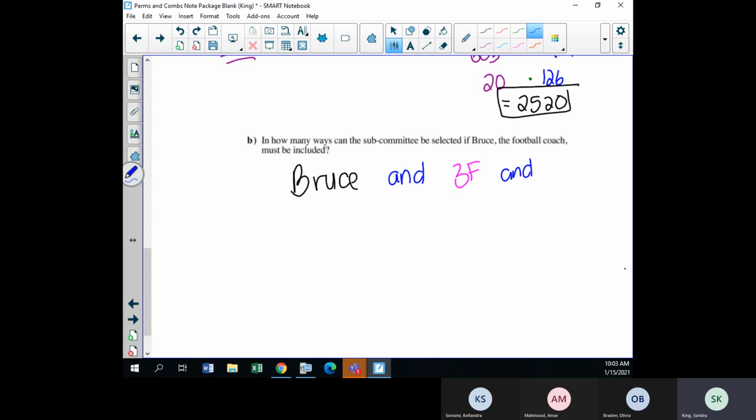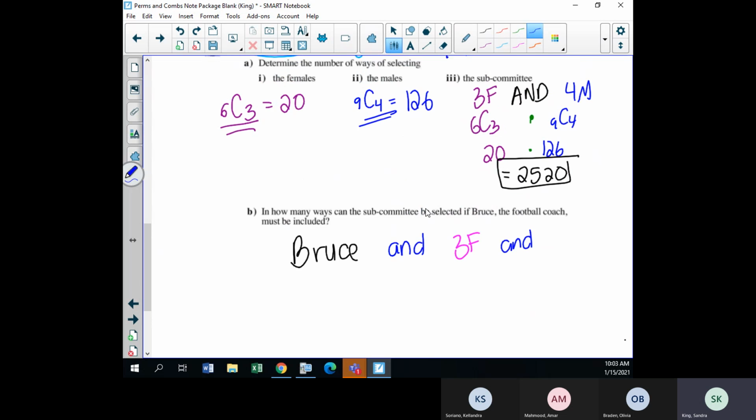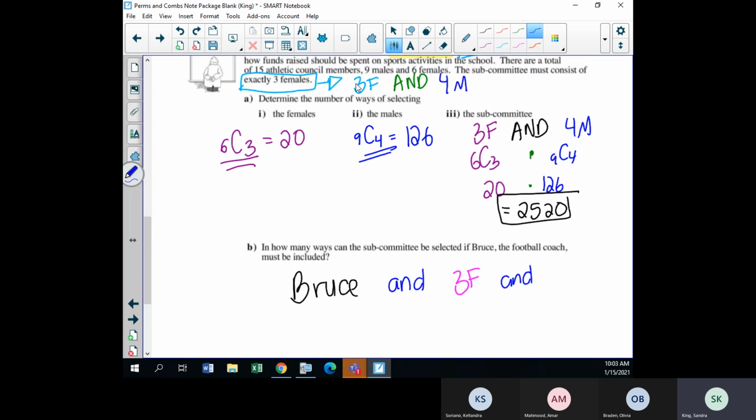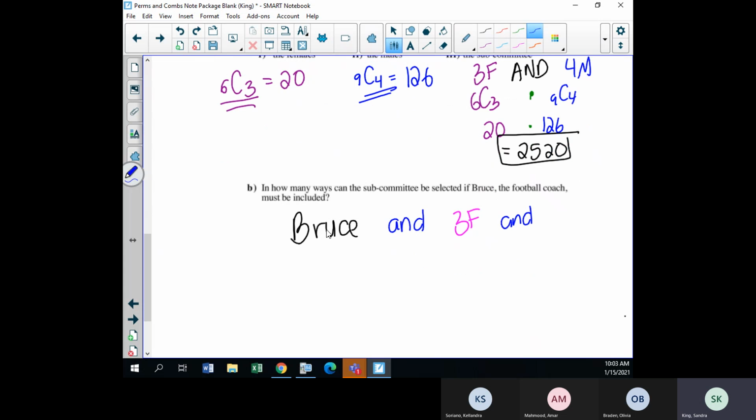And now, here's what we've got to change. We had 3 females and 4 males. But now they want my subcommittee, Bruce is on the committee, he's there, plus 3 females. How many males are over here now?